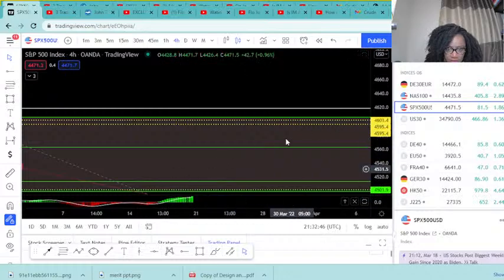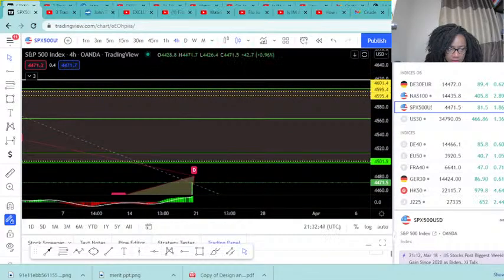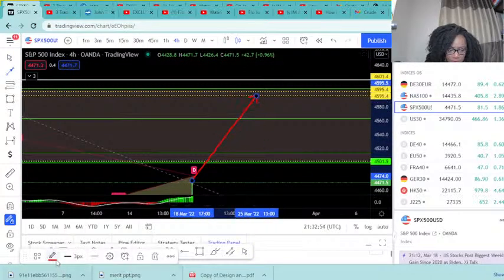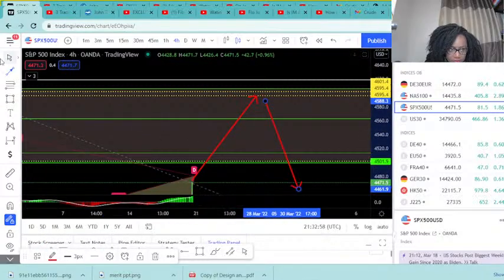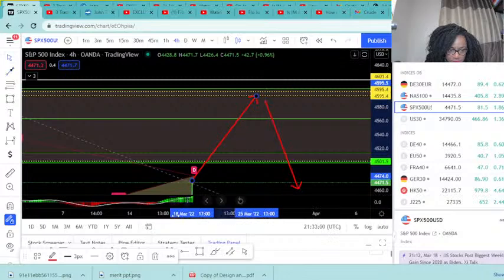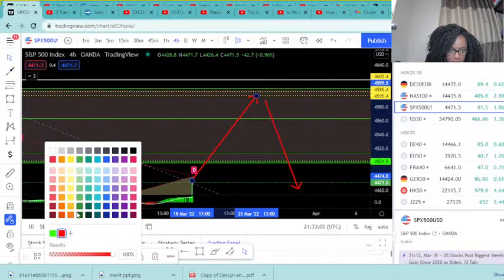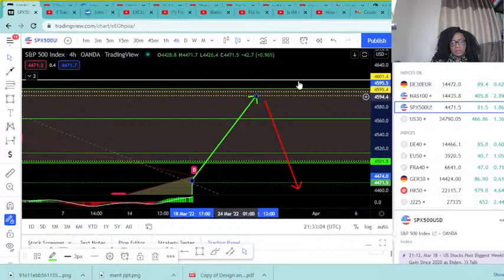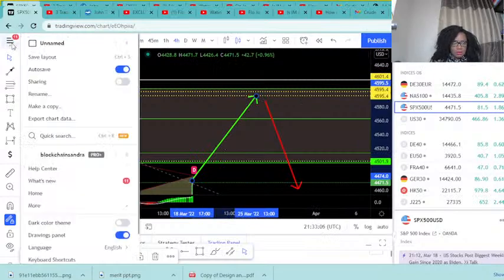That's where I'm thinking that the S&P 500 will go up to before it finds its way down. That's what I'm believing.